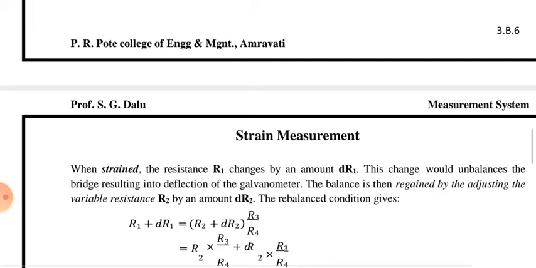The balance is then regained by adjusting the variable resistance R2 by an amount dR2. The rebalance condition gives R1 plus dR1 and R2 plus dR2.